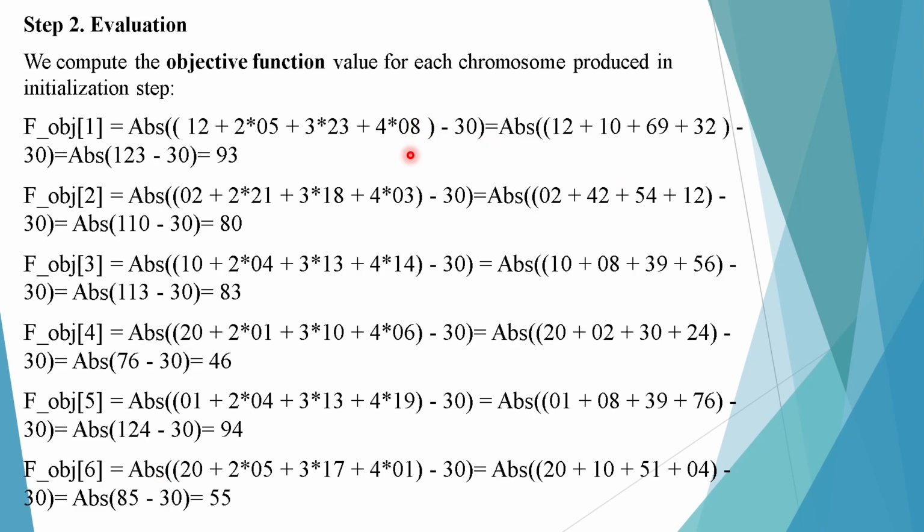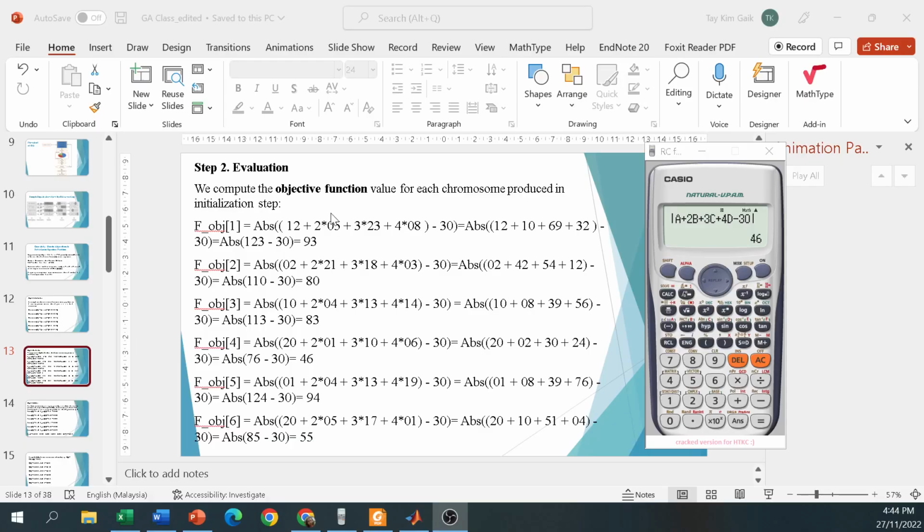I can show you how on the calculator. You get ABS by pressing shift, and for A, B, C, D you need to press alpha. I get this function: A plus 2B plus 3C plus 4D minus 30. Then you calculate one by one by inputting the values. First, A is 12.